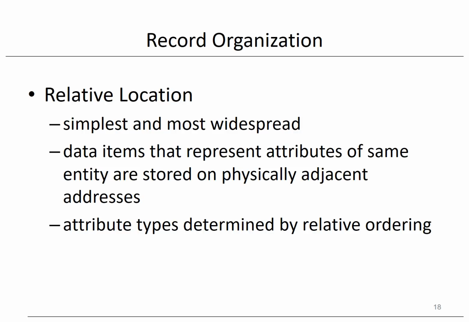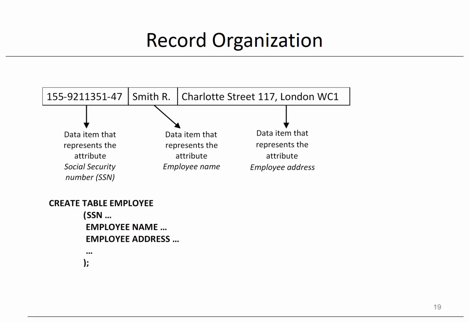They are determined implicitly by the relative ordering in which the data items occur based on metadata about record structure in a catalog. In this way, each data item can be identified by its relative location. This figure shows a partial relational table definition and the corresponding record structure.